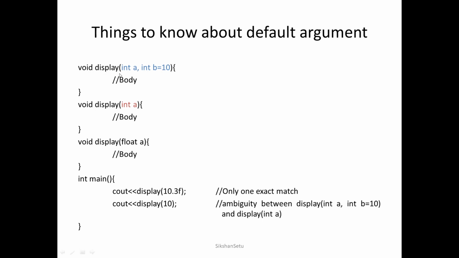So this function can be called using one argument also. So when you have this type of case, this call will again generate ambiguity. Why? Because this function call can bind with this as well as this. So you need to take care of this particular case also.